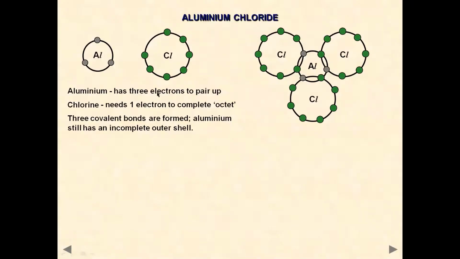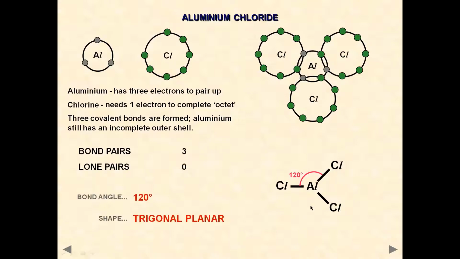It's got 3 electrons to pair up there in the outer shell. The chlorine has got 7 in the outer shell. It just needs 1 more electron to have a full outer shell, which is a complete octet. That is how they're going to pair up. So 3 covalent bonds are formed, and we've just seen that animation when there are 3 bond pairs.